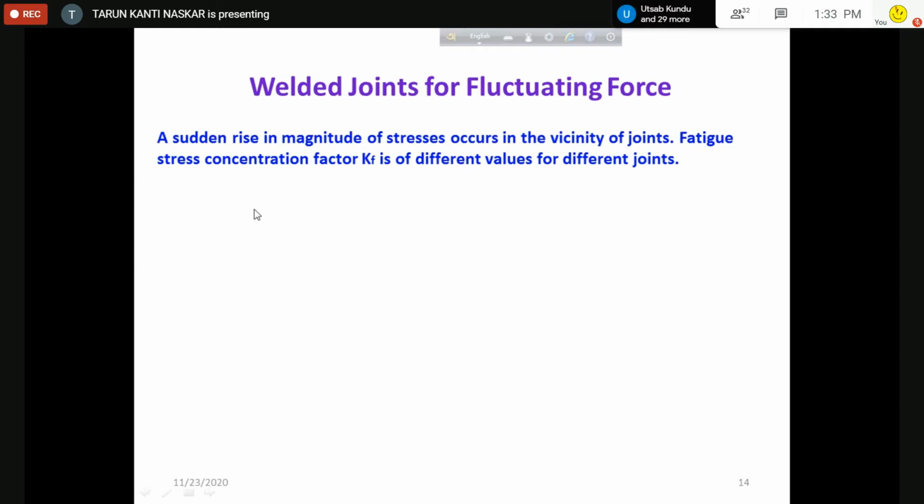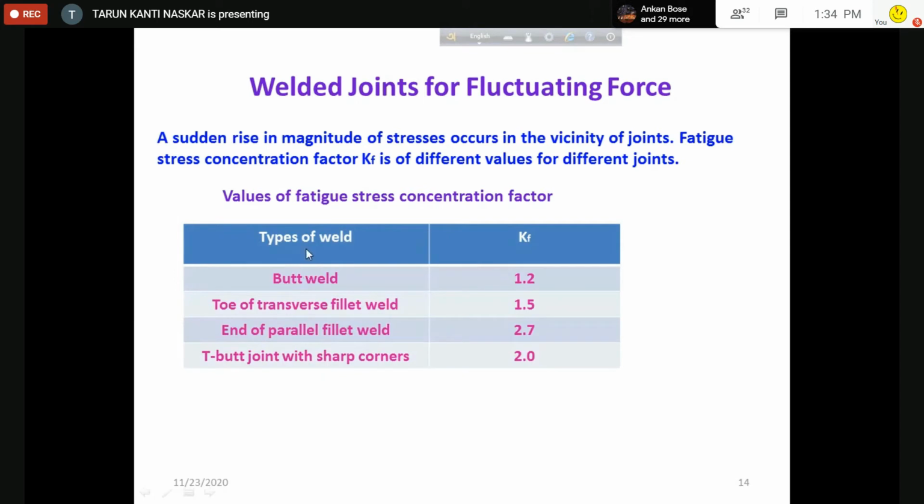And this Kf is very important, you know, when we consider fatigue. Okay, and we have to consult table for the values of Kf for different type of joints. Now, values of fatigue stress concentration factor for different type of joint, that is type of weld. These tables are available in design handbook.